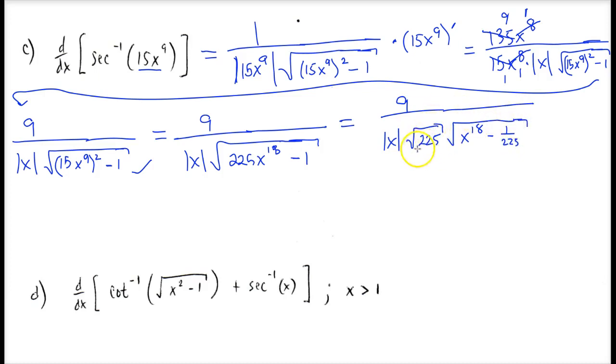And of course, square root of 225 is just 15. And if we take 9 divided by 15, both of these have a factor of 3. So 3 would go into 9 3 times, and 3 would go into 15 5 times. You could rewrite this way if you saw fit.